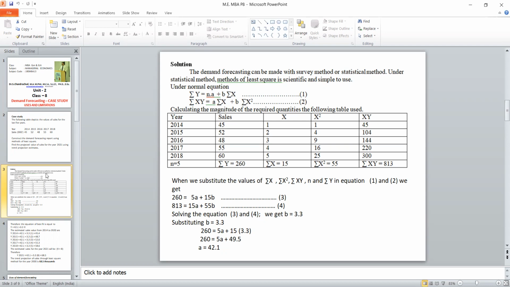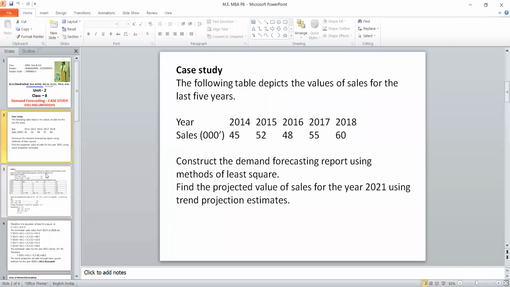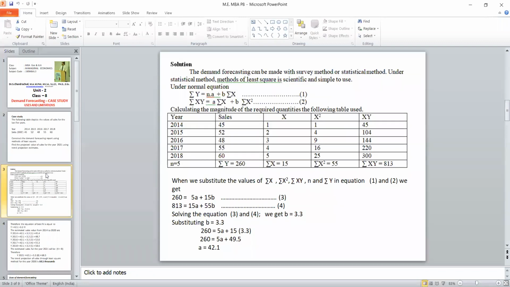Likewise, as the year increases, just put 1, 2, 3. Suppose our question is what will be the sale of 2021. If you continue the first column with 2019, 2020, 2021, then the values will be 6, 7, 8. So when x is 8, if you find the value, that will be the sale of 2021.